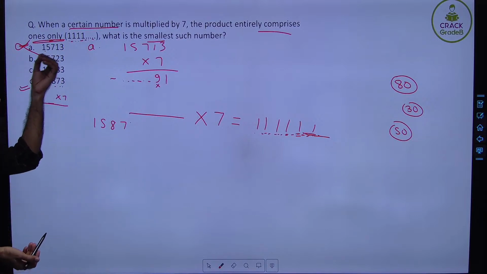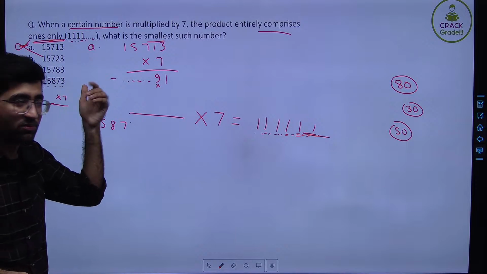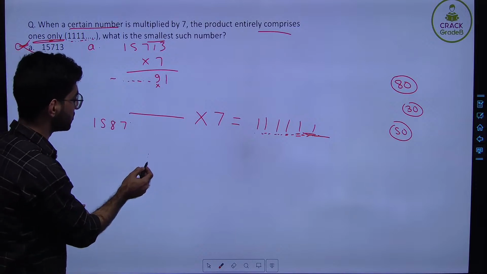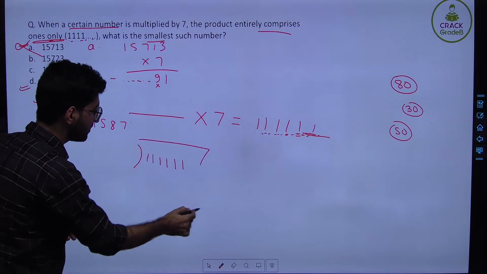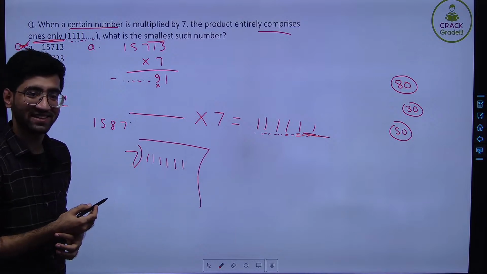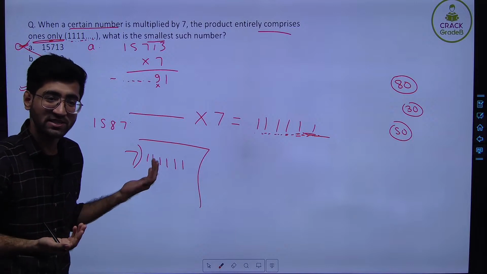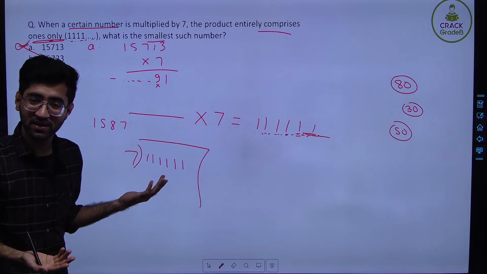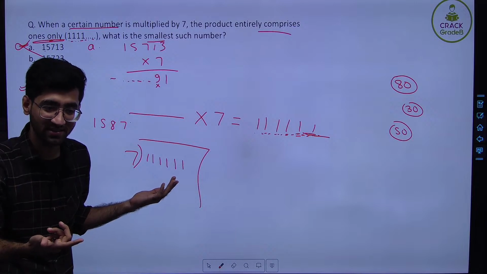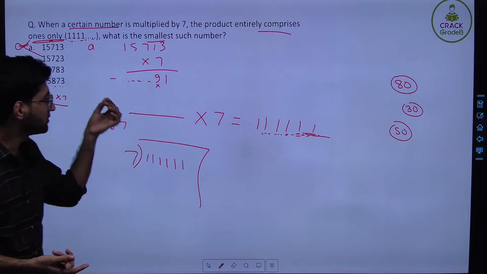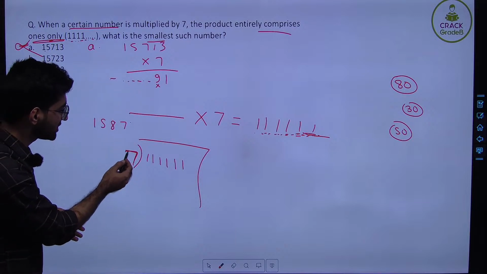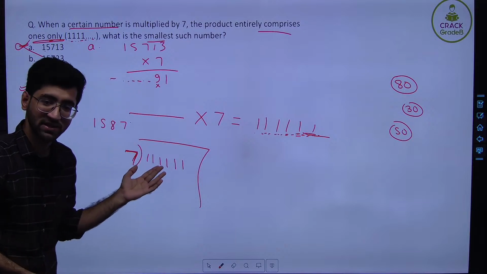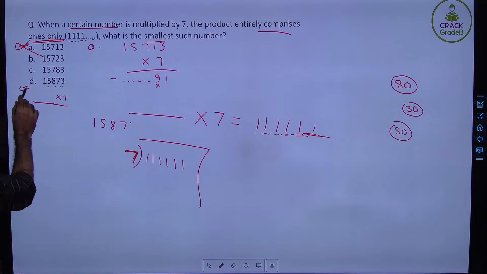See, why they didn't give you the exact number of 1s? In that case, you will simply divide it by 7, and it will be very easy to answer. Right? If they give you that there are six 1s, then what will you do? In that case, you will just divide it by 7, right? And you will be able to find this value.